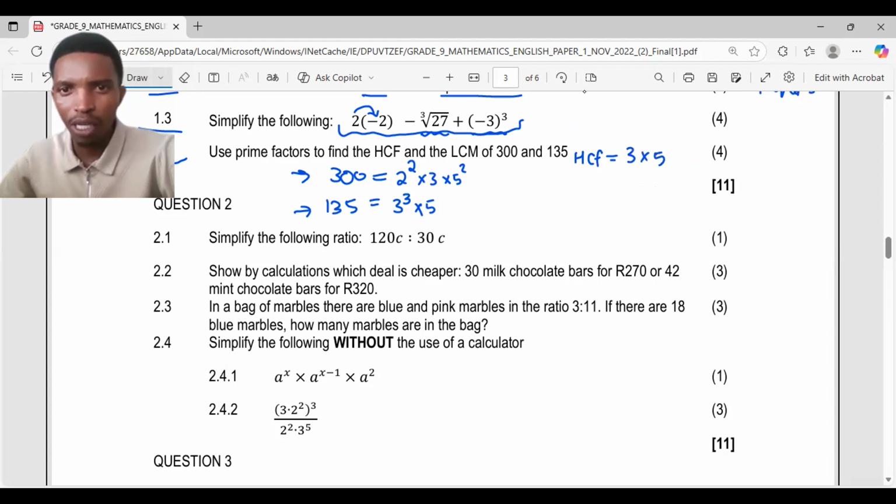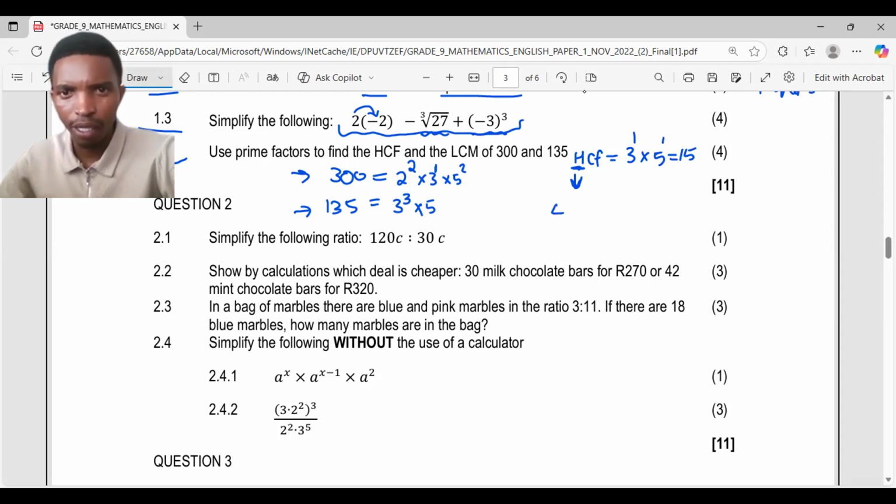And then remember, because it's the highest common factor, we're going to look for the lowest exponents. Between the 3 on top and the 3 below, which one has the lowest exponent? The 3 on top. And then the 5 at the bottom. So you put this in the calculator, you're going to get how much? 15, right? So your HCF is 15.